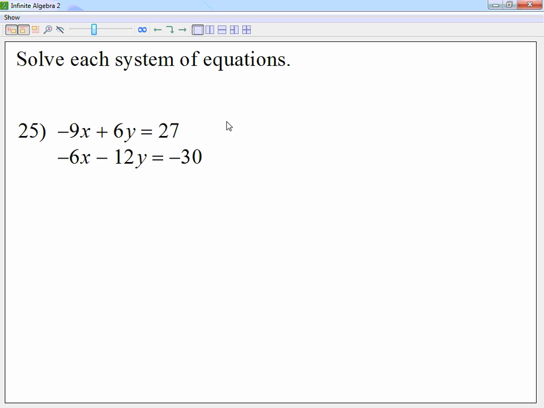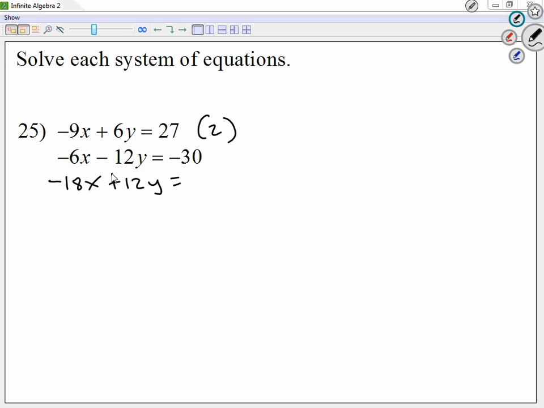So that's what I'm going to do. What is it? Elimination. So let me multiply the top by 2 because I want the y to become 12. If I multiply everything by 2, I'm going to have negative 18x plus 12y is equal to 54.